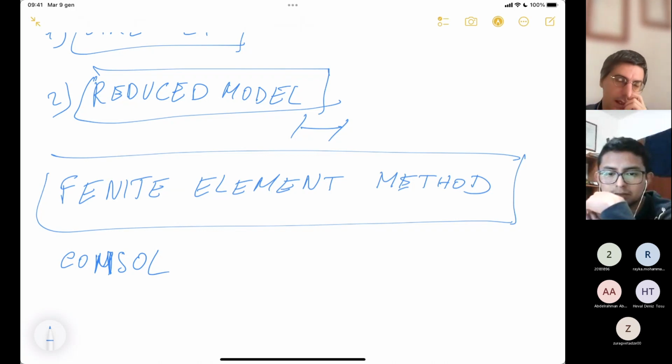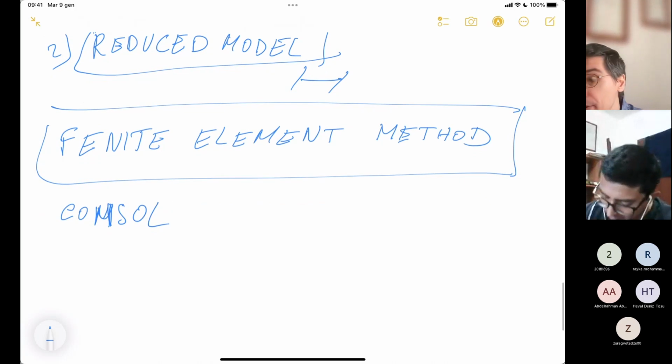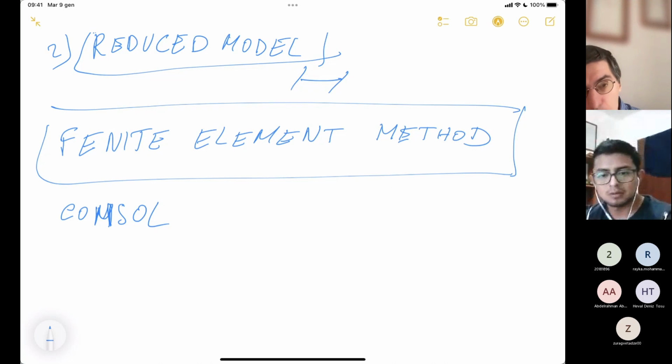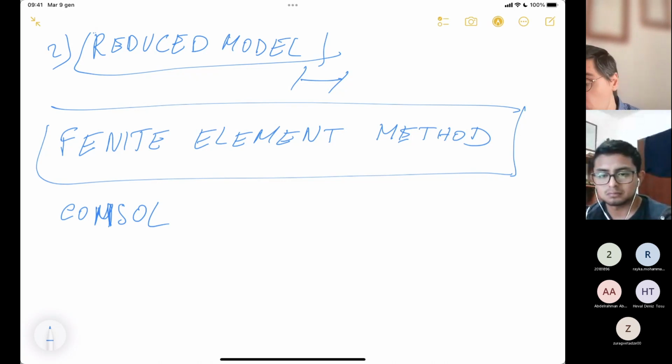You know, this kind of method is very popular nowadays, so it's important that you understand what it means and how to use properly this kind of method. COMSOL is one of the many commercial software that are able to solve deformable bodies using the finite element method.